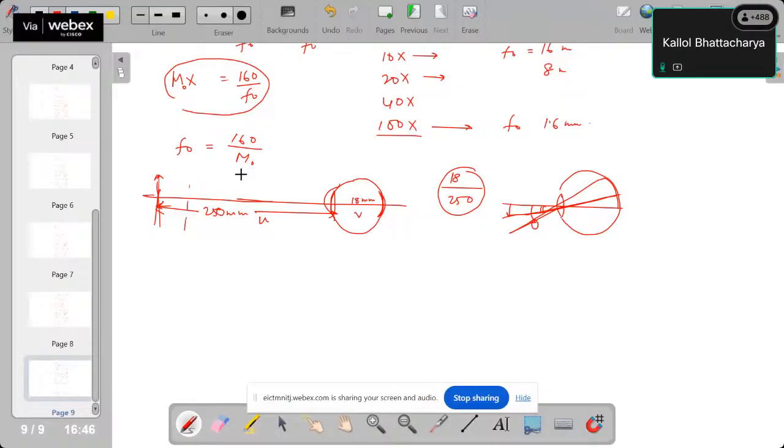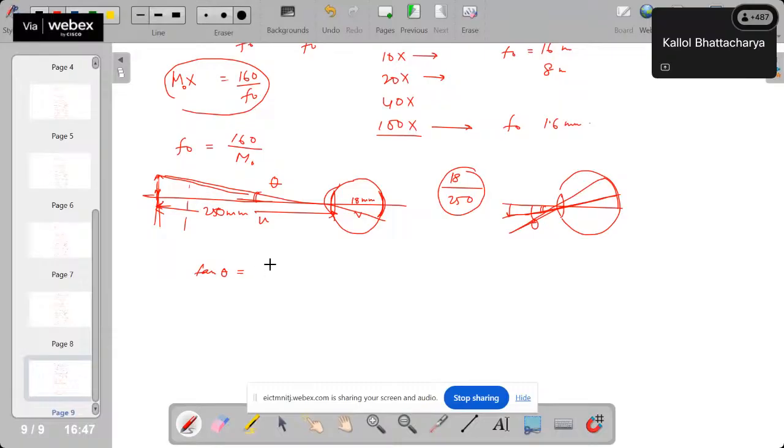Now, what is the angle that it subtends at the eye? If you draw a straight line connecting these points, then this is the angle theta. And we have tan theta. Because the angle is very small, about 1 minute of arc, for the eye to resolve this structure, the smallest object we can put here to resolve between the tip and the base is 1 minute of arc.